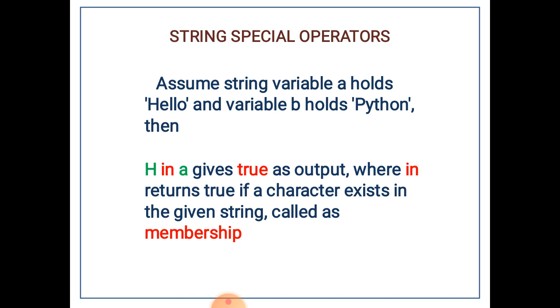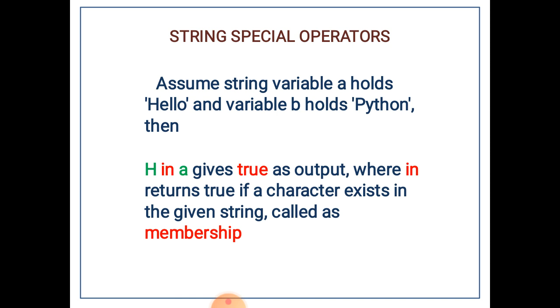While we are searching for something, whether that character is present in the string or not, we do not have to search through all the words available in the string. We can just give the letter and the variable.